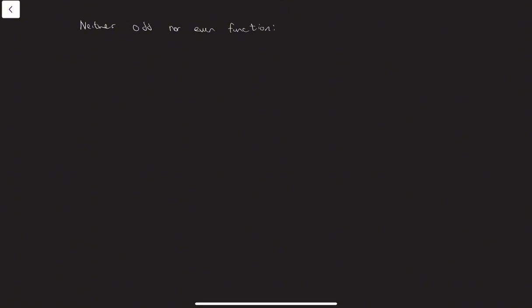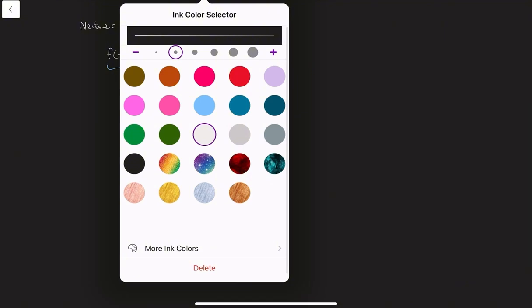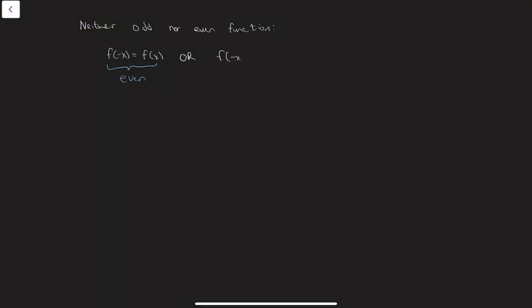This just means that f of negative x equals f of x, coming from the even rule, is not true, or f of negative x equals negative f of x, coming from the odd function rule, is not true for the function.